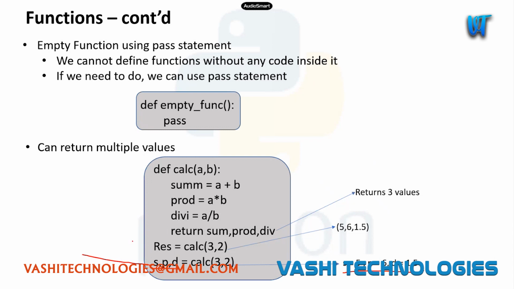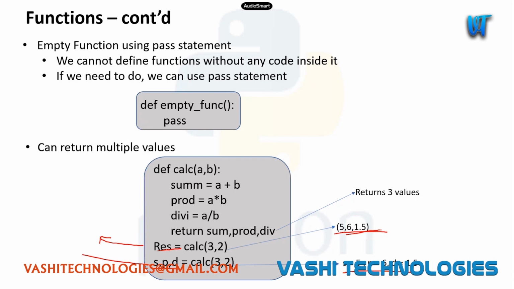If I am assigning it to a single variable, this function is returning n number of return values, but I am assigning it to a single variable, then this will be automatically stored inside a tuple. If you are calling that function and it is returning multiple values, then this will be storing them as a tuple.